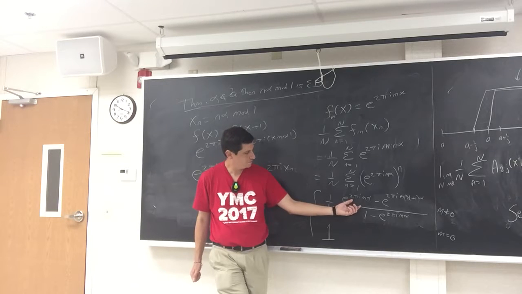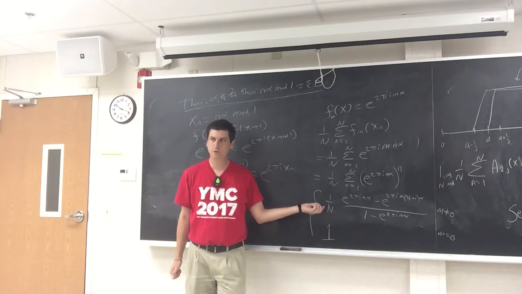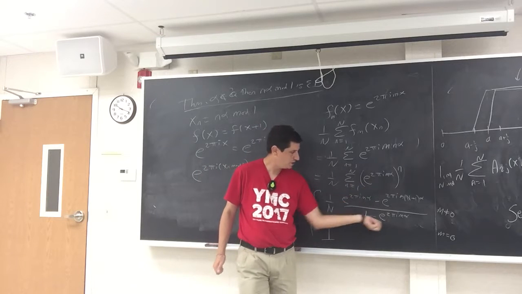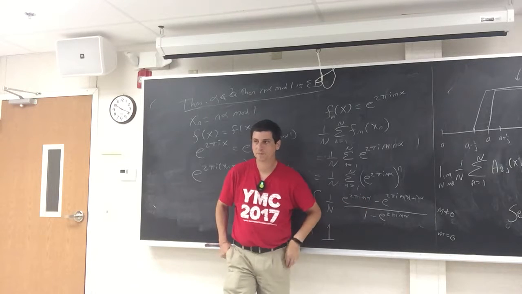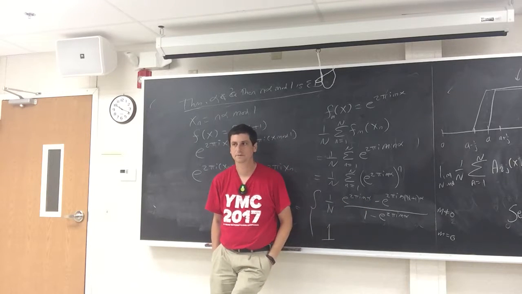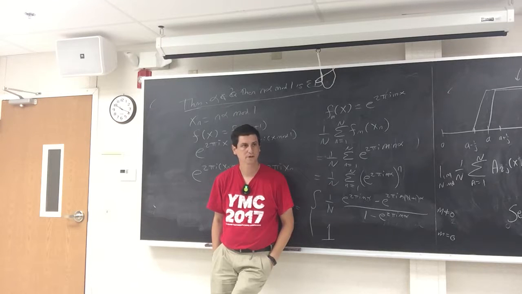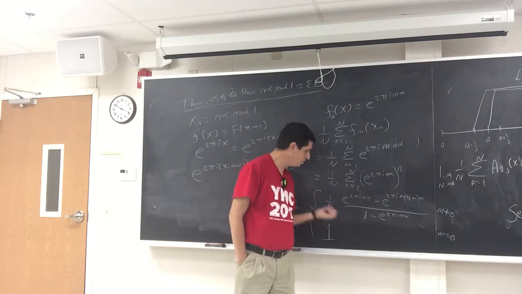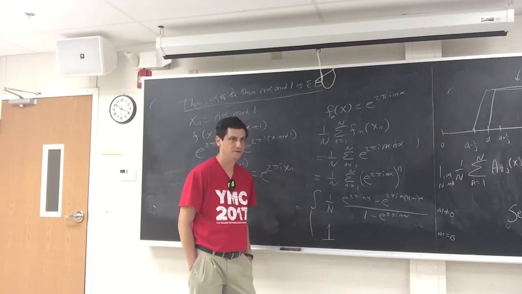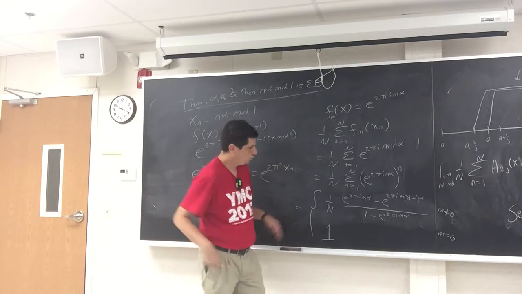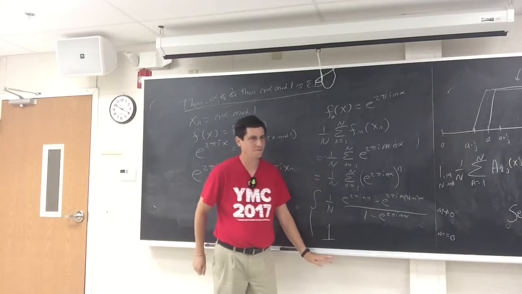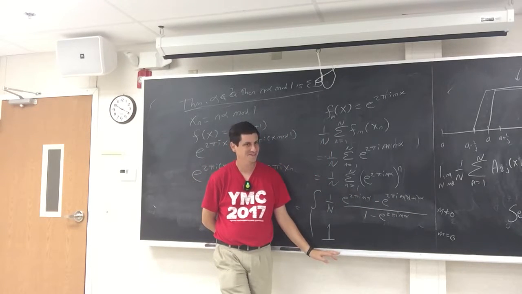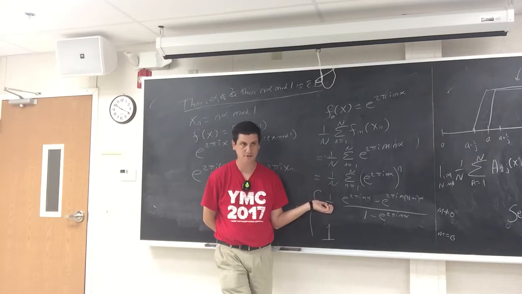Okay, so let's look at this. If big N is going to infinity and little m is fixed, what can you tell me about this expression? Yeah, it has to be approaching 0. So why does this whole expression approach 0? Big N is going to infinity, which is great.